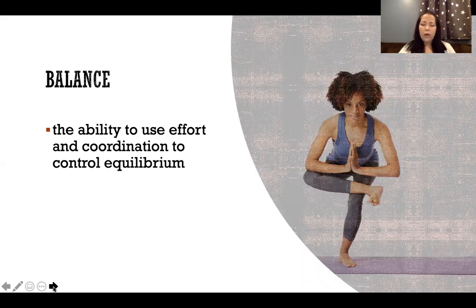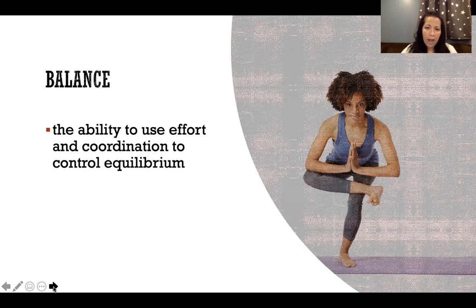Balance is the ability to use effort and coordination to control equilibrium. So we use muscle effort and motor planning, and all of the neurological and musculoskeletal factors that come into play to control our state of equilibrium.